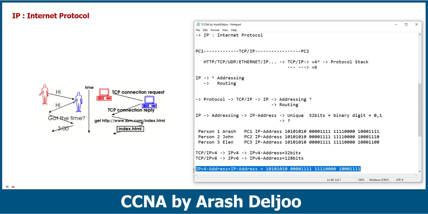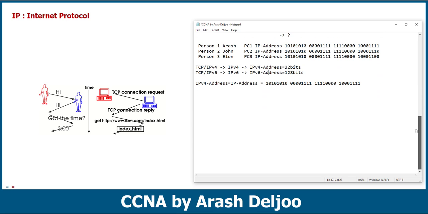Now we need to talk about the IP address. First, we should know about the IP address. After that, we can talk about the other functions of the IP. Let me review what we learned until now. We learned that in this course we will talk about the protocols.